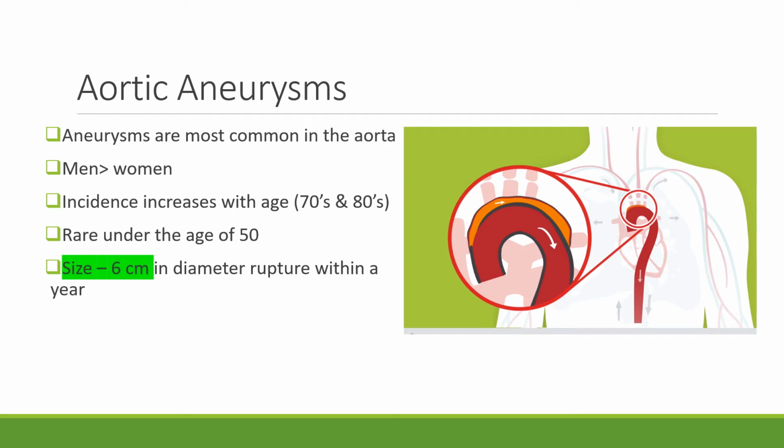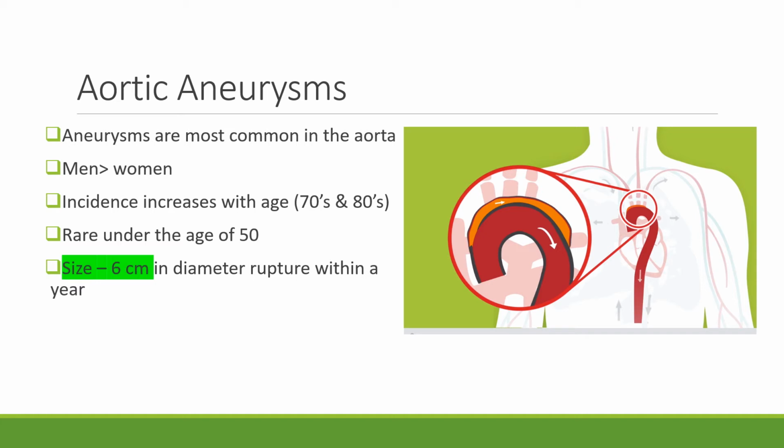Surgical repair is recommended in patients with asymptomatic aneurysms 5.5 centimeters in diameter or larger. Surgical intervention may occur sooner if the patient has a genetic disorder, such as Marfan syndrome, which is a connective tissue disorder.